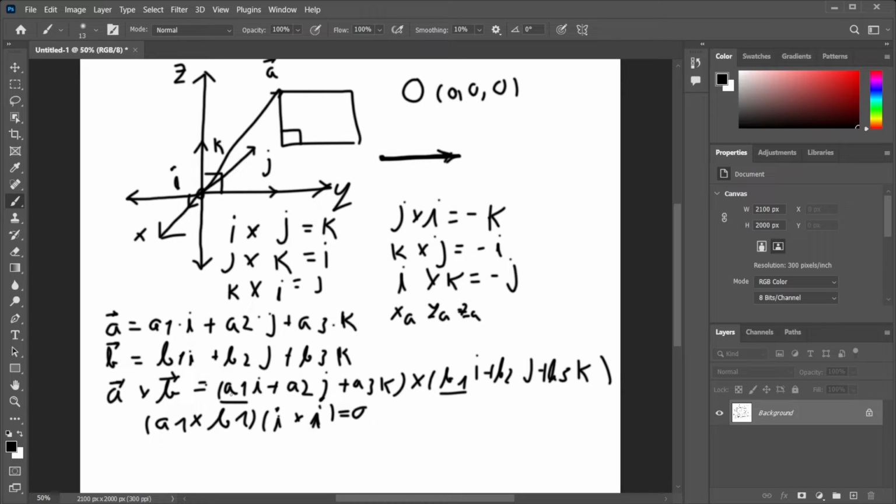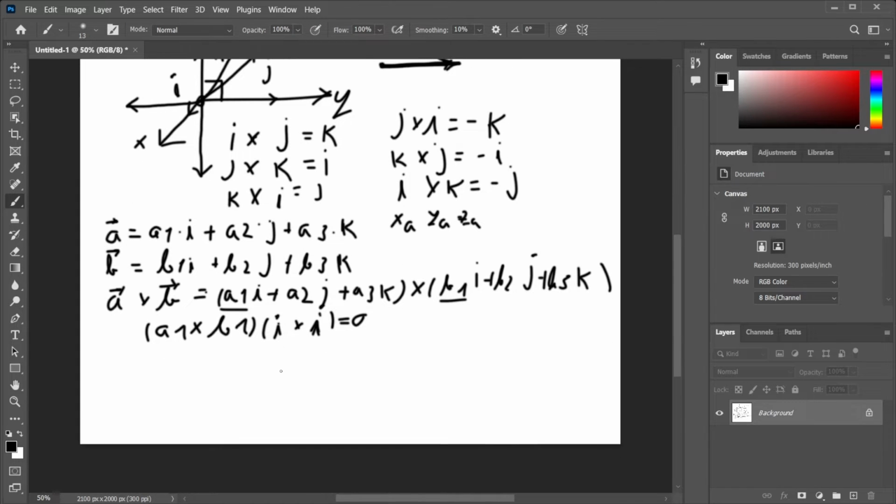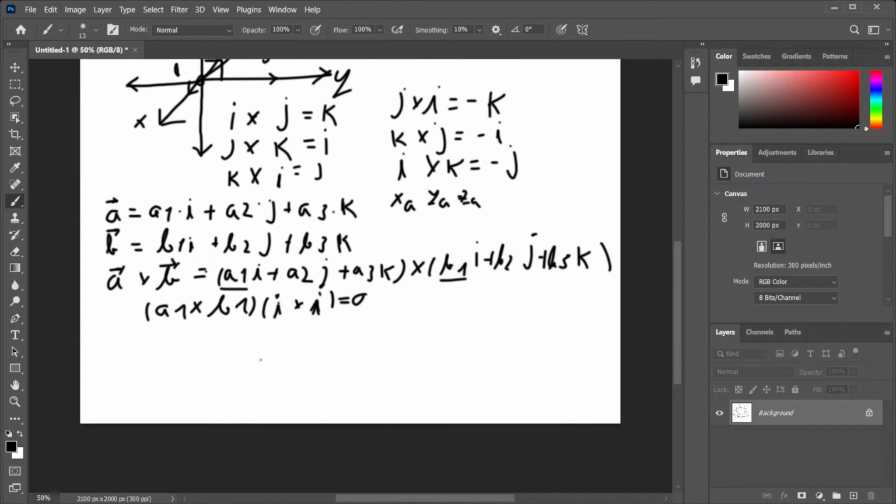And what's next? a1 times b2 j. i times j is k. So let's move a little bit down, and we're going to have a1 times b2 i times j, which is equal to a1 b2 k.